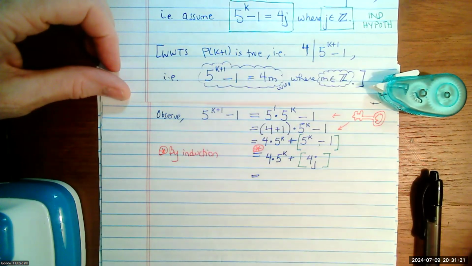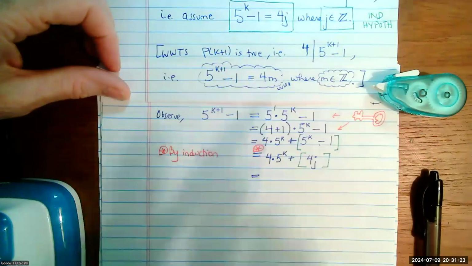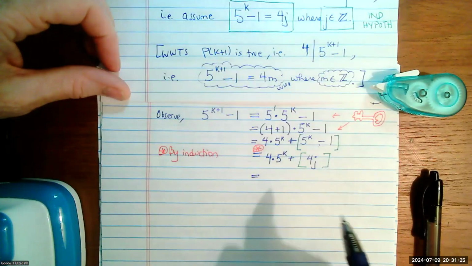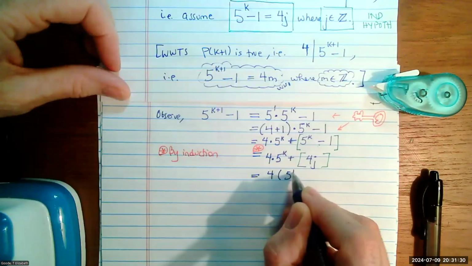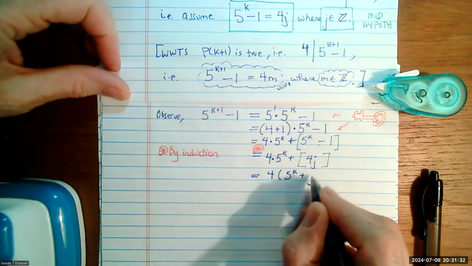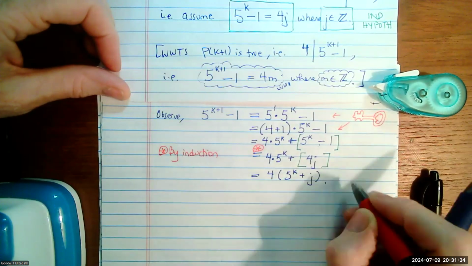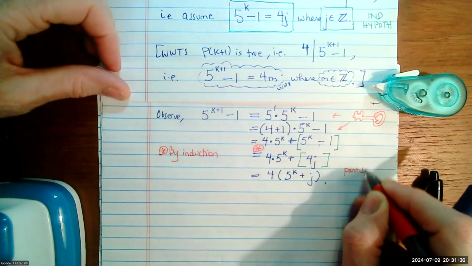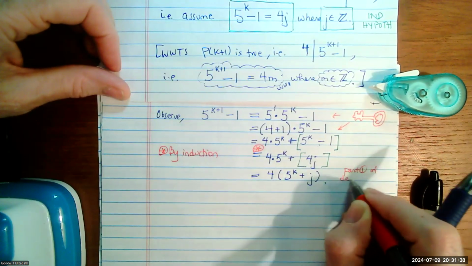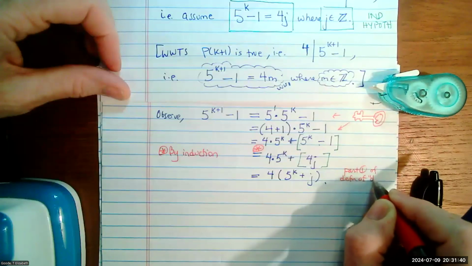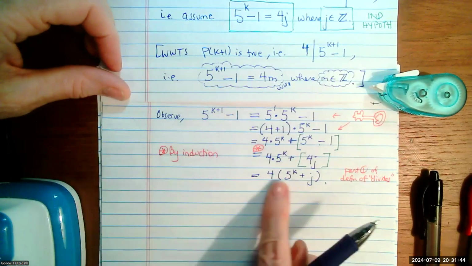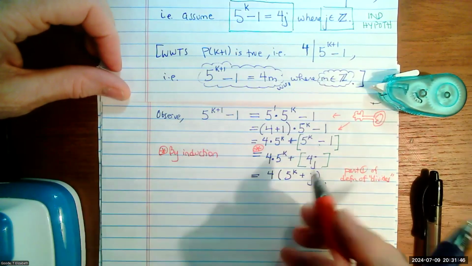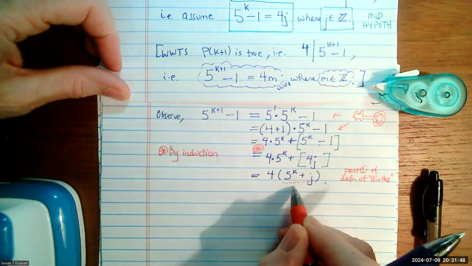Yeah, we need a 4 to factor that out. And so we pull out that 4, and lo and behold, this is part 1 of the definition of divides. We got that 5 to the k plus 1 minus 1 is 4 times m.